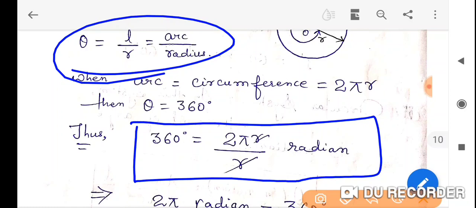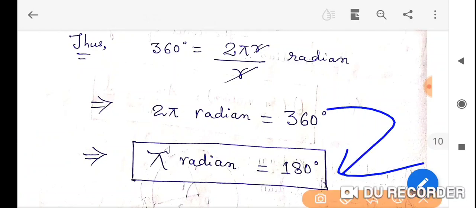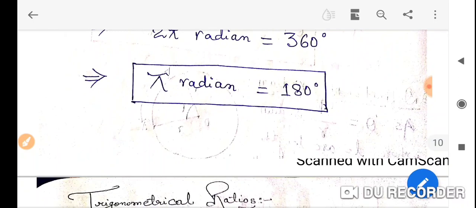On simplification, it comes out to be 2 pi radian equals 360 degree, which gives pi radian equals 180 degree. And thus an important relationship between radian and degree measure of angle is established, that is pi radian equals 180 degree.